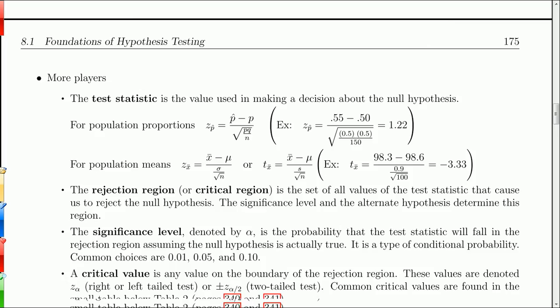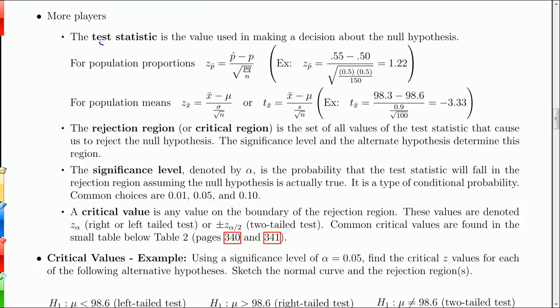All right, so here are some more players. We have the test statistic, and depending on what kind of test we're running, the test statistic is different. For example, for our proportions problem about cell phone users, this is our test statistic. And for our test about the mean body temperature, this is our test statistic. And these will be given later in the chapter. But basically, it gives sort of how extreme the observed value is.